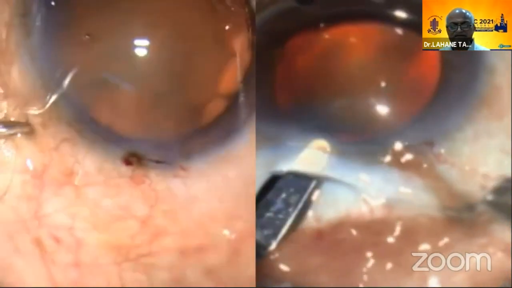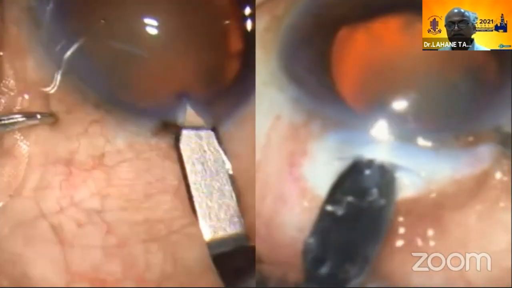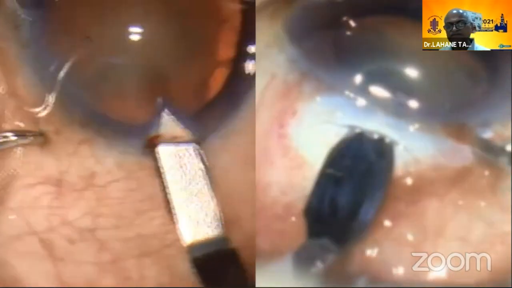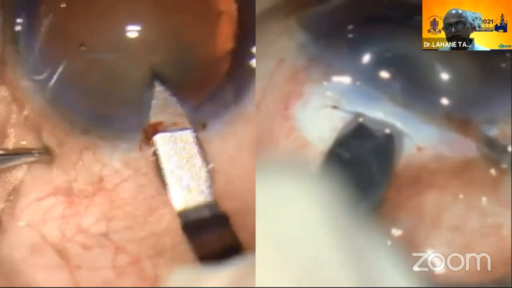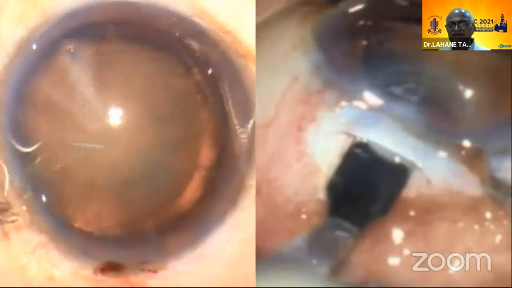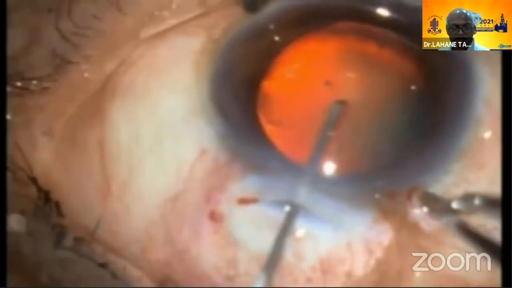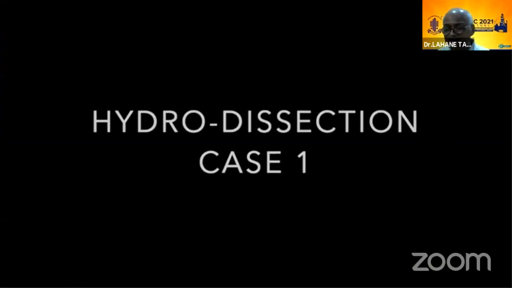The gentle dissection is required whenever you are making the steps. The other is the opening. See here, I am opening by phaco, and here I am opening the cornea. Whenever I am opening the cornea, all steps, wherever you are doing, should be properly done.